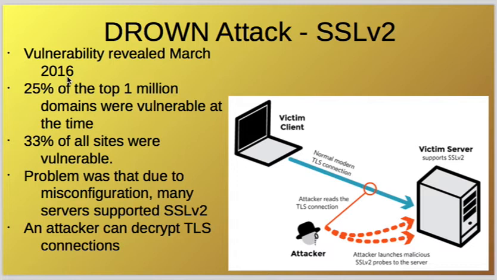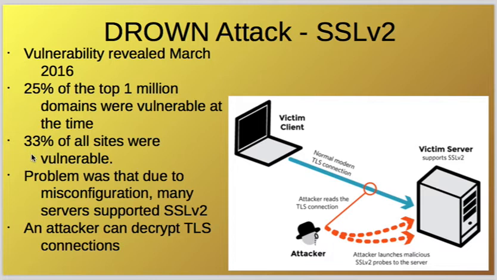So the vulnerability had to do with old techniques that were not reliable. At that time, it was thought that about a quarter of the top 1 million domains were vulnerable to this attack. And I'll tell you what DROWN stands for in just a second.